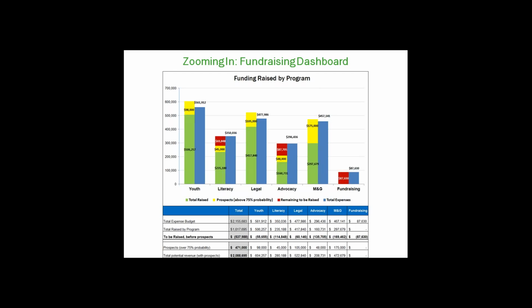And you can see the colors. There are two programs, literacy and advocacy, where there needs to be additional funds raised. There are some programs where, again, in youth, you can see we will be at a higher level, about 600,000 compared to the costs that we've budgeted.